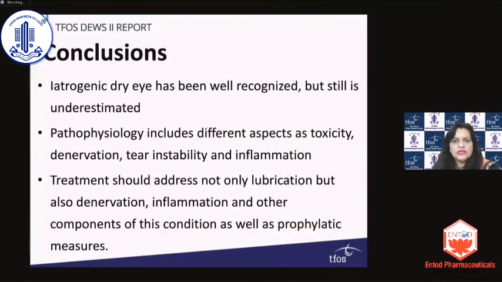And to conclude, iatrogenic dry eye disease is a well-recognized entity and is generally underestimated. There are different aspects apart from the toxic denervation, tear film instability, and inflammation. And treatment should not only address lubrication and symptomatic relief, but also the underlying pathology, which could be denervation, inflammation, and other components of the condition which need patient understanding.